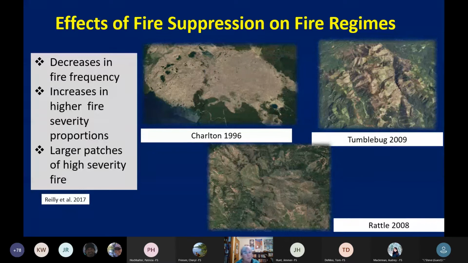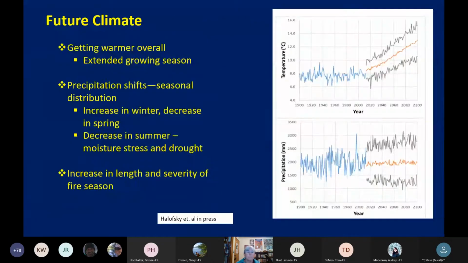And in parallel with that, when we do have fires, we are seeing increases in the higher severity fire expression across our landscape. And that high severity fire is often occurring in larger and larger patches across our landscape. So that's today. So let's start thinking about the future.